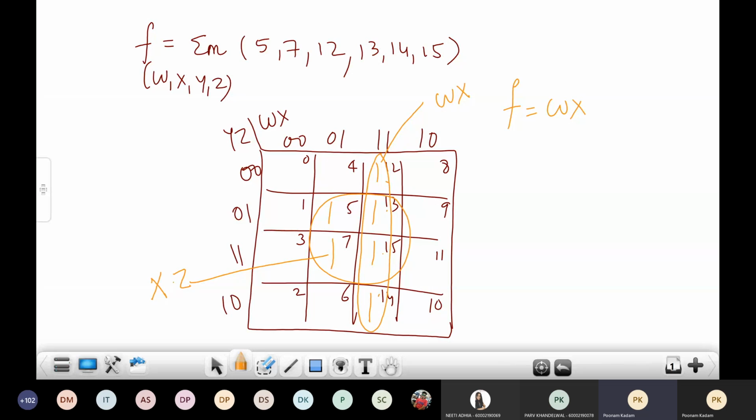These 4 ones are getting covered by WX, but these two cells, cell number 5 and 7, are not getting covered by WX. It means I have to include the second prime implicant also in the minimal expression. So this is the minimal expression. You get the reduced form of the expression as WX plus XZ. Isn't it a very simple way to reduce the expression?